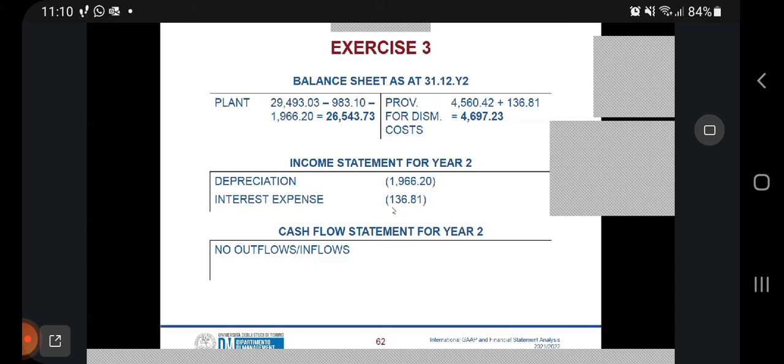Good luck. I'm going to give you a tip. The starting point is this amount of the provision.